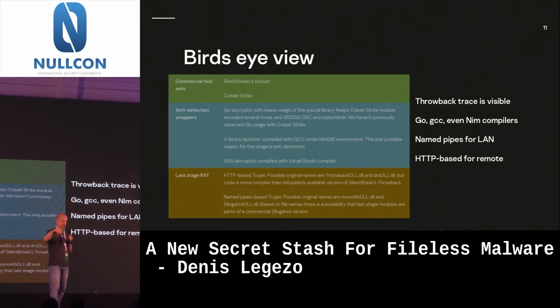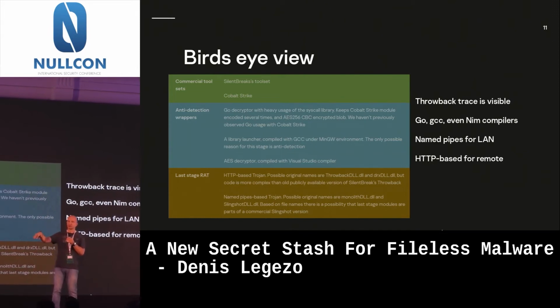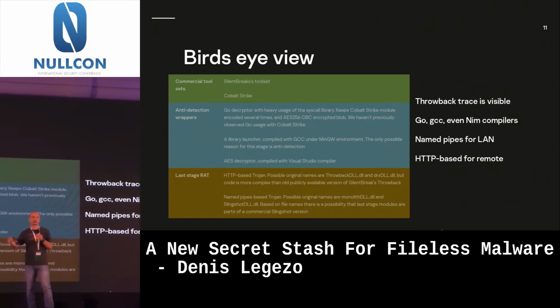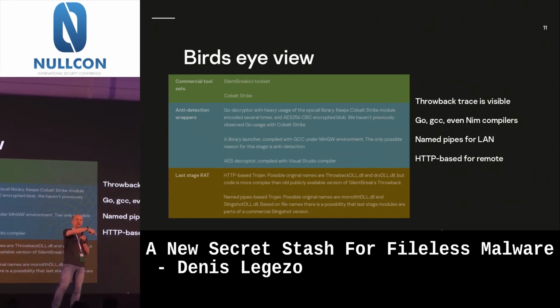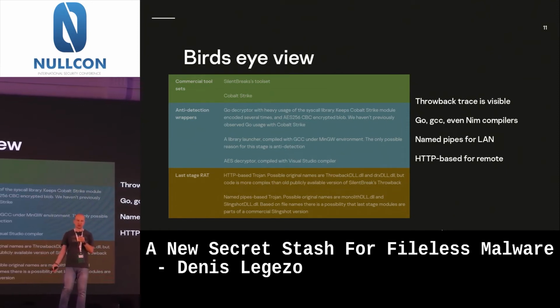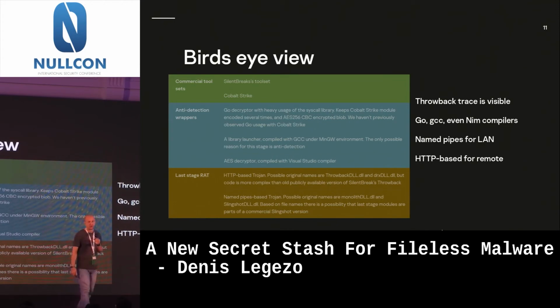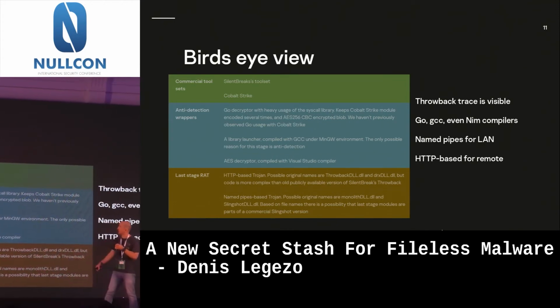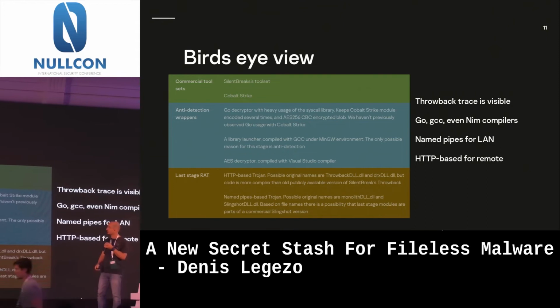So to make a foothold inside the LAN of the victim, they use the named pipes version of the Trojan, and the HTTP version could go to the external C2, and it's a normal Trojan to communicate with a real control server. And the command set is completely different. Okay, these are the stages, and let's describe them one by one.